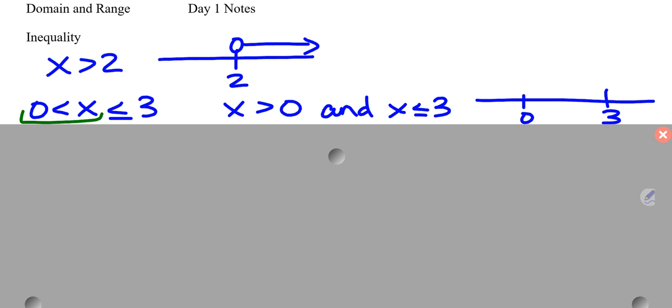So when we started graphing these, we would do greater than 0, less than or equal to 3, but the and part we would shade in between here, and that would be our solution. And we would note that this arrow part on the outside of that interval would go away.